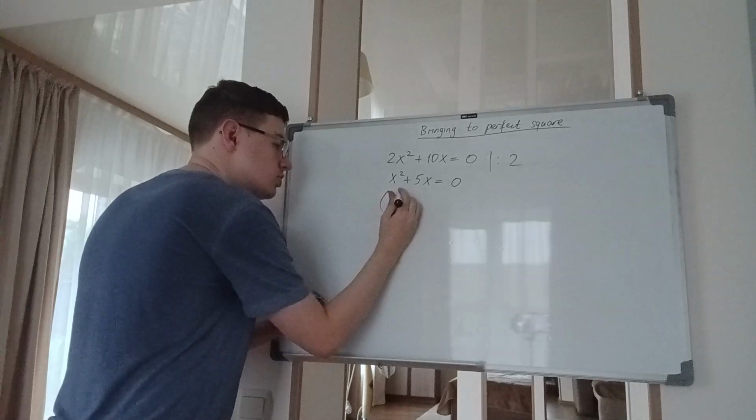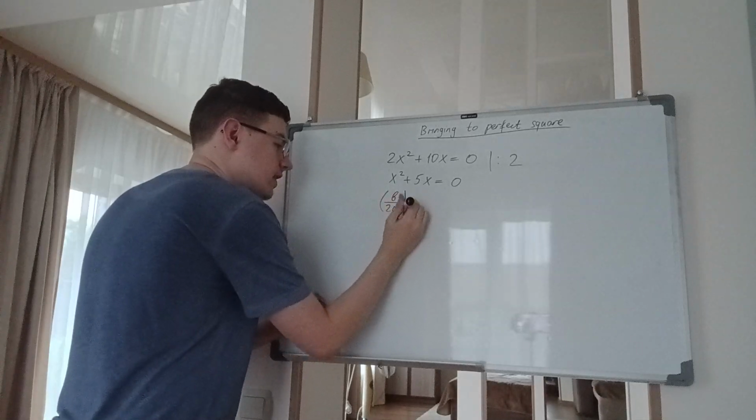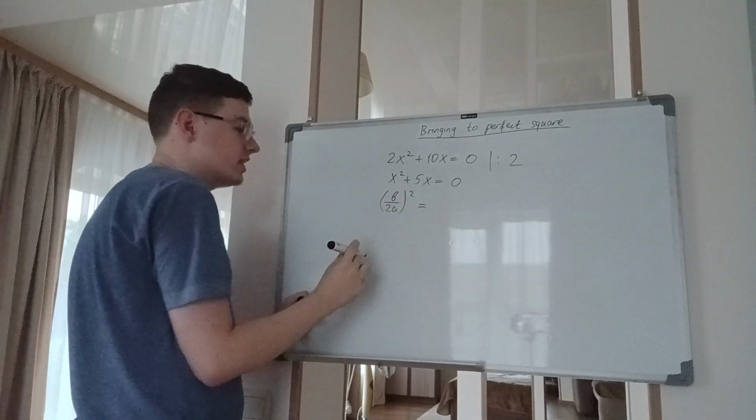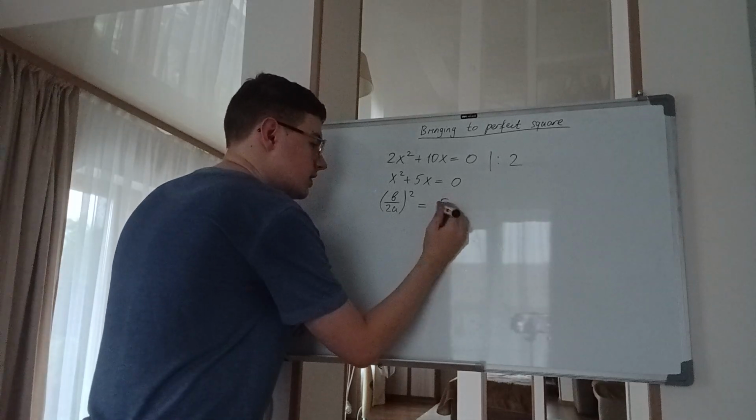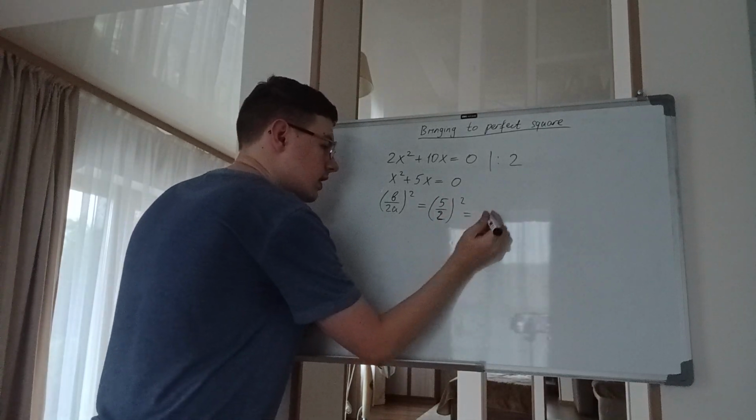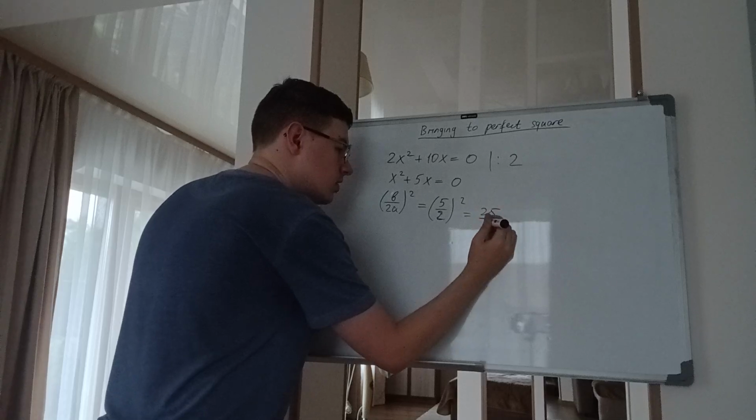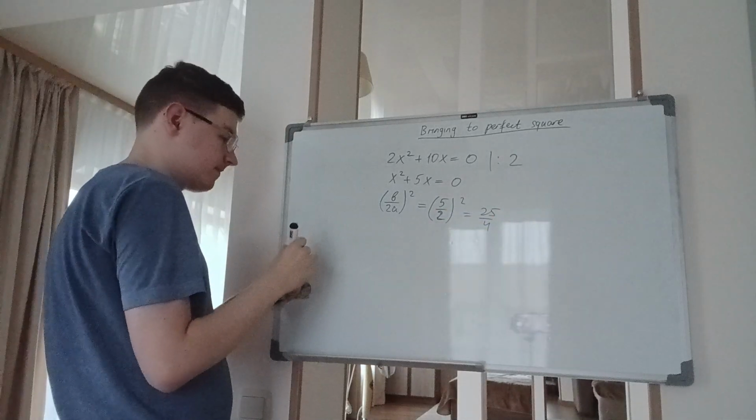And all we need to do is just find this coefficient. Here we have (5/2)², and we get 25/4.